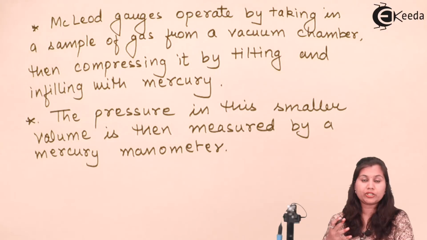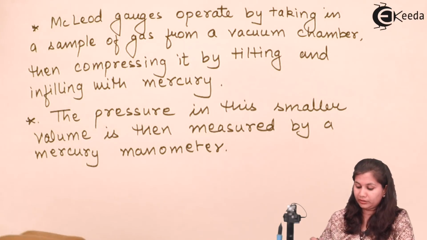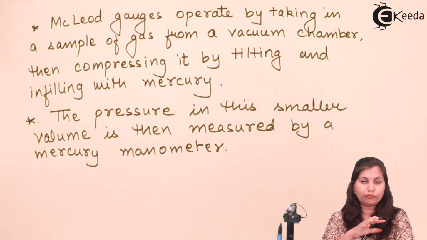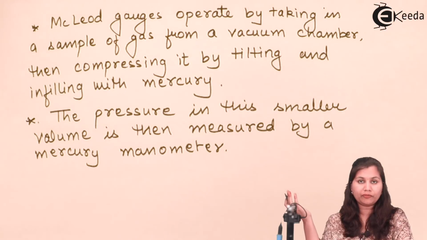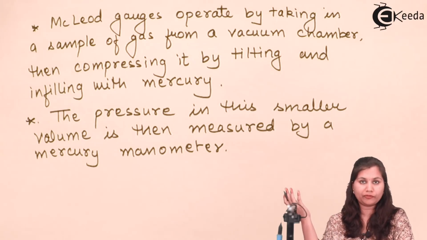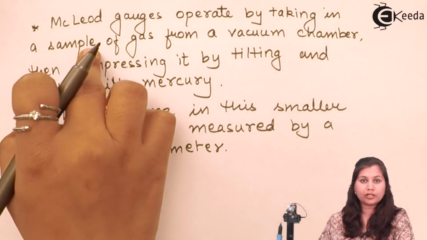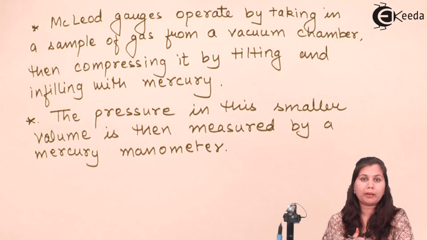Now we are going to measure the pressure of that small, compressed volume of the gas. So we know the initial volume of the gas, the final volume of the gas, and also the final pressure. So the initial pressure of the gas can be found by using Boyle's law.